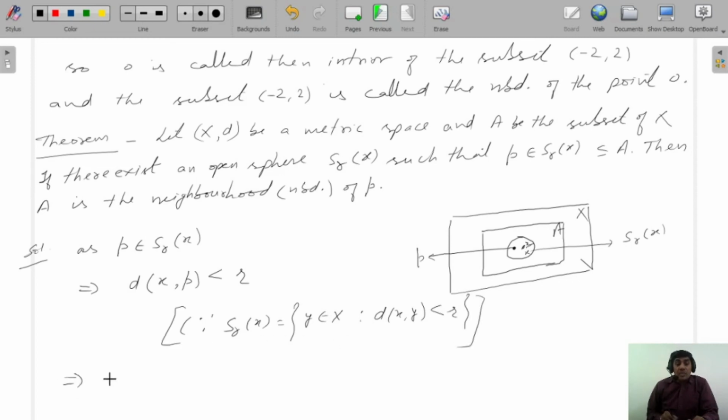This implies r minus d(x,p) is greater than 0. Let r minus d(x,p) be equal to r1, which is greater than 0. Our target is to prove that a sphere centered at point p with radius r1 is contained in capital A, then small p becomes the interior point of capital A and capital A becomes the neighborhood.